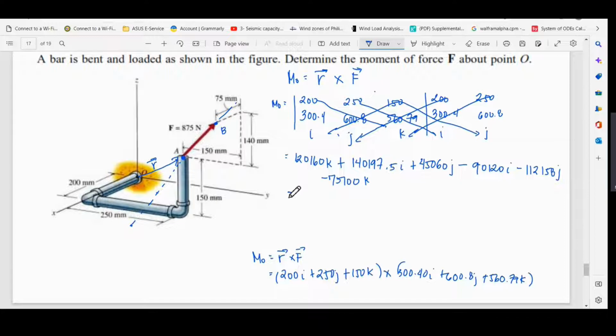Okay, so combining like terms, 140,197.5 minus 9120.